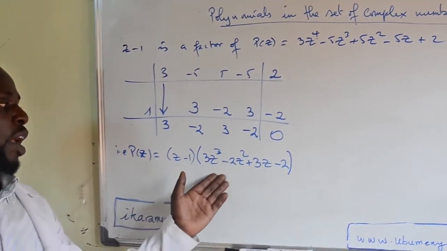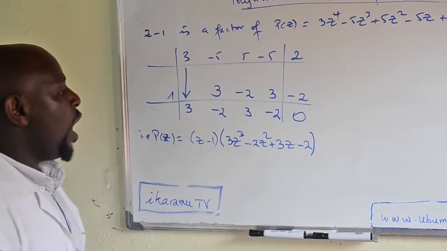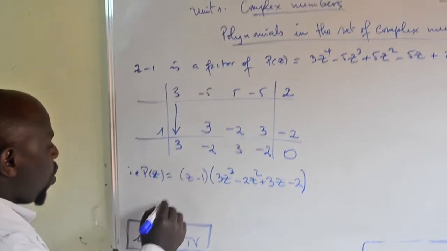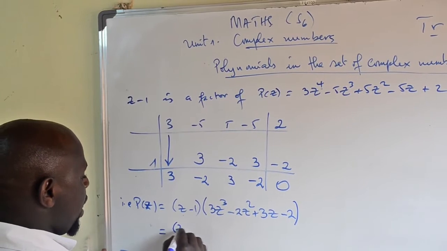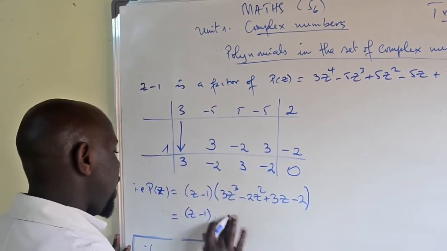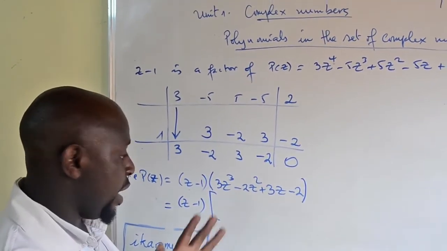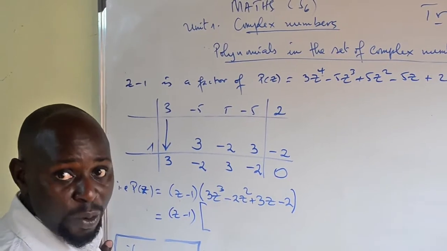Ladies and gentlemen, when we reach here, we only have to factorize this. How do we factorize this? We go on and see that Z minus 1 is a factor again. When we reach here, ladies and gentlemen, we need to put together, to combine the like terms that can have some factors.